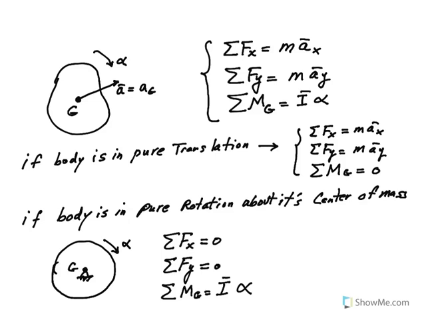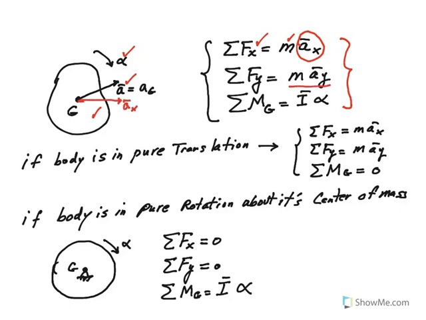So here, basically, if you have a body that is translating, with the acceleration of the center of mass denoted by a sub g or a bar, and also rotating with some angular acceleration, our general equations are like this. Summing forces in x equals mass times the x component of the acceleration of the center of mass, that would be this guy.